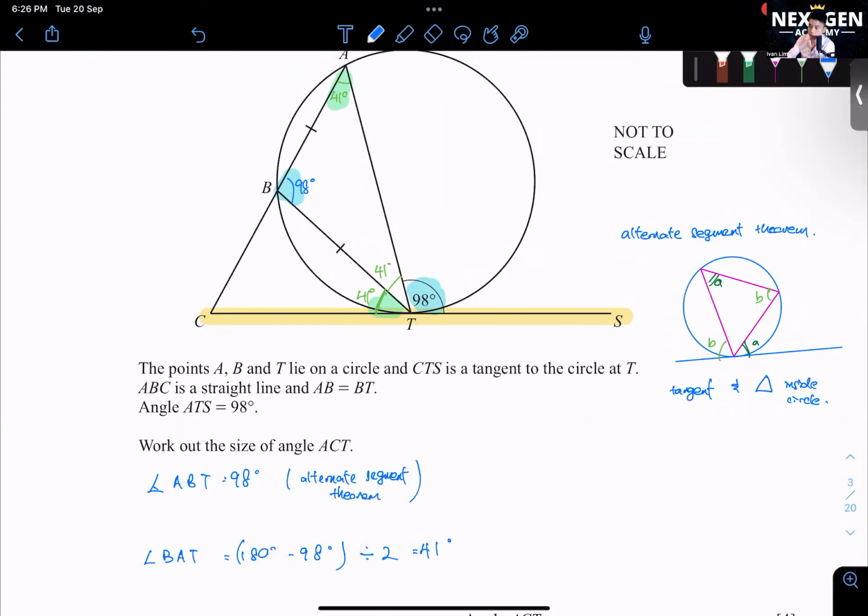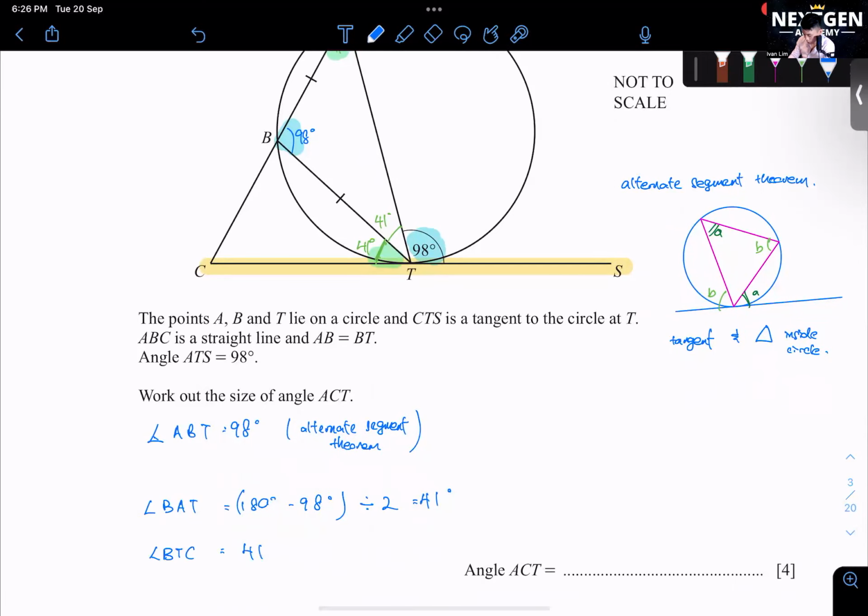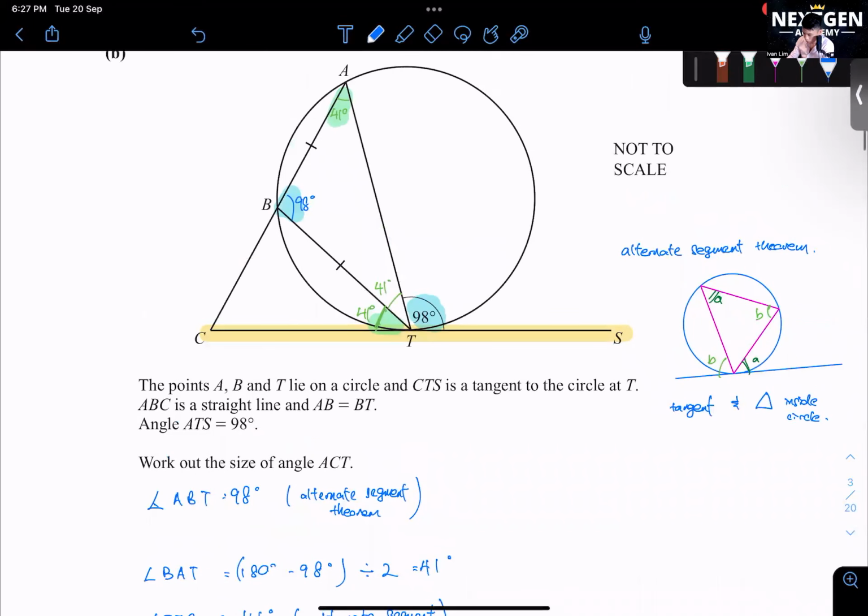Just that this one is on the other side. So angle BTC equals to 41 degrees. Again, alternate segment theorem. If you all don't understand this part here, alternate segment theorem.